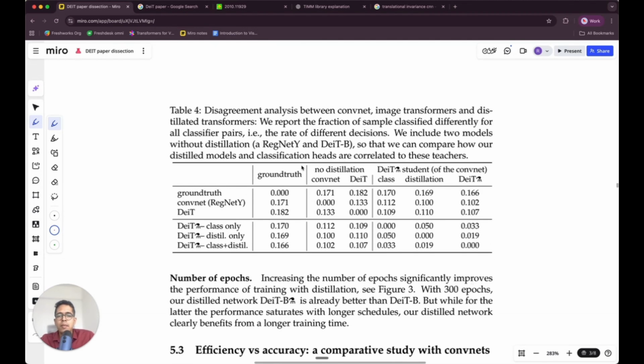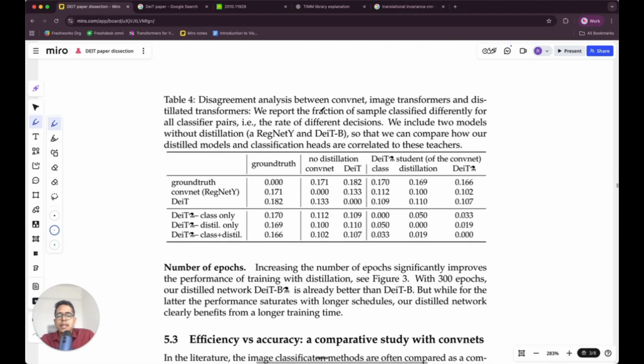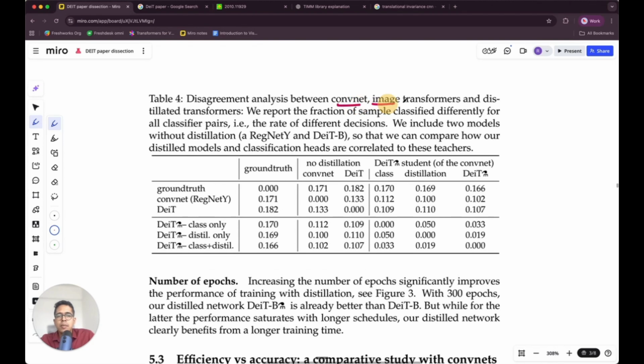Let's look at table 4. Disagreement analysis between ConvNet, image transformer and distilled transformers. So basically the CNN, then DEIT, which is literally a vision transformer, and the last one is DEIT with the distillation symbol. So this is table 4.